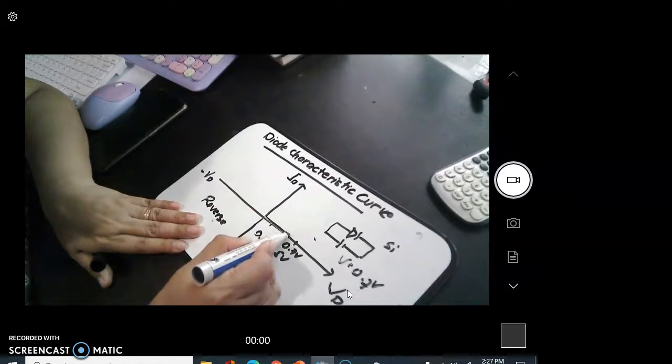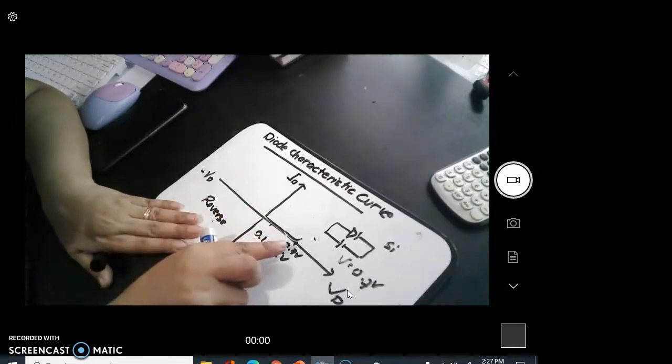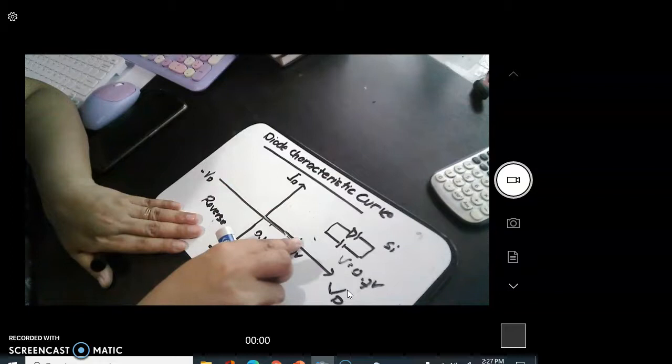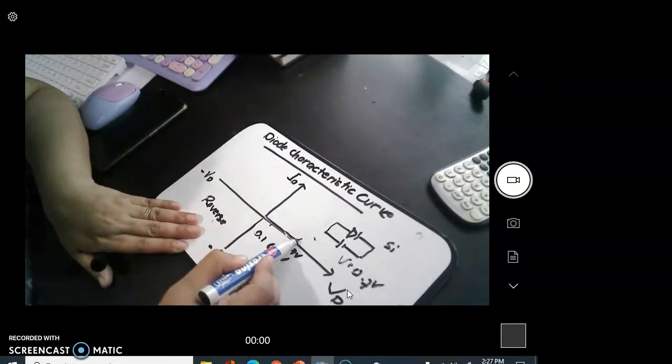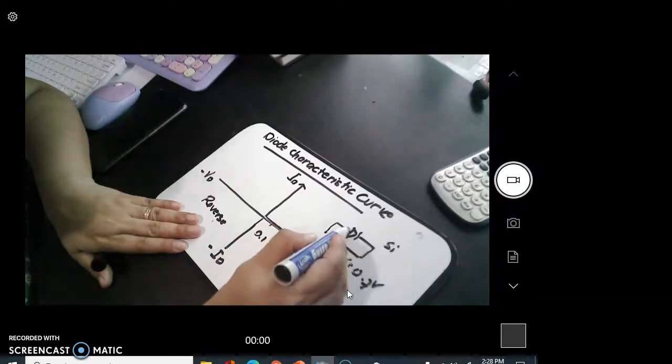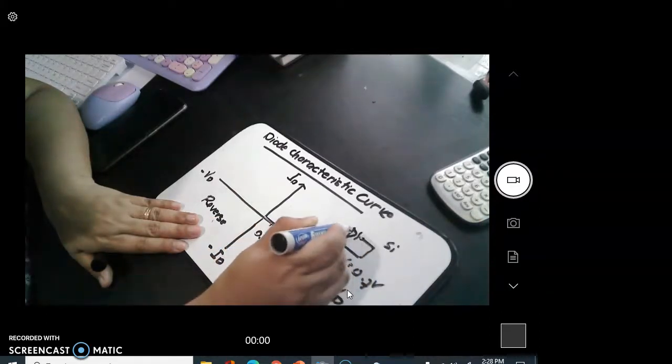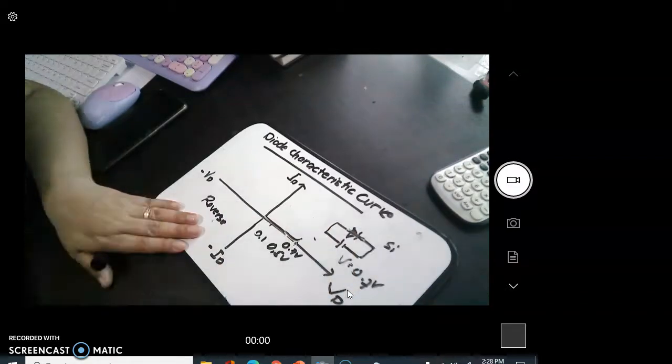Increasing the applied voltage to 0.7, something happens. There's a startup or takeoff point, and the value of your current starts to increase. This means that at a point of applying 0.7 volts, the charges across the PN junction start to flow.